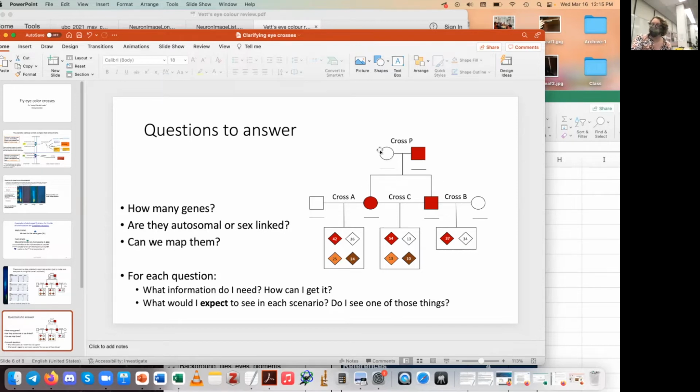But if, in cross P, this female had an affected X chromosome, then her sons would only get her X. And if that X was where our mutation was, they would fail to receive a functional version of that gene because she doesn't have any to offer.